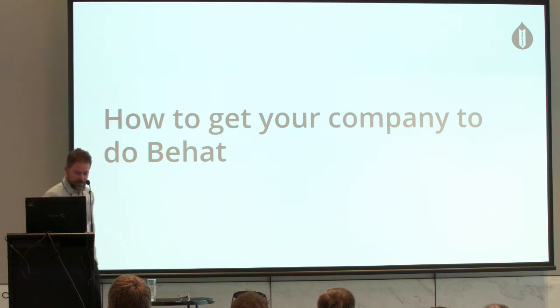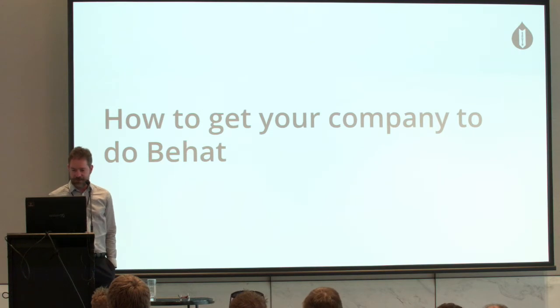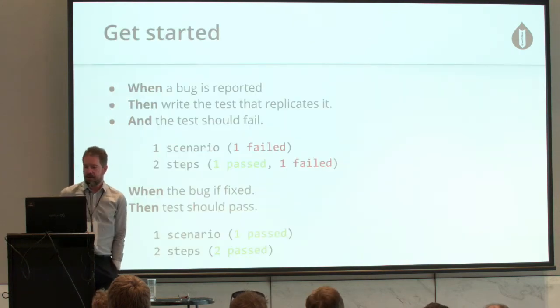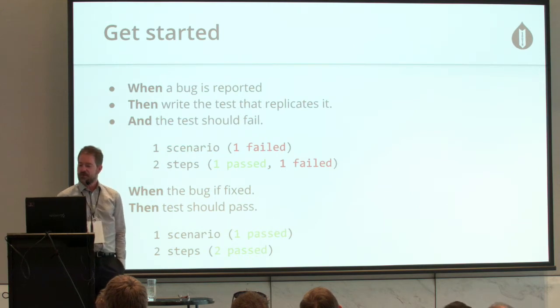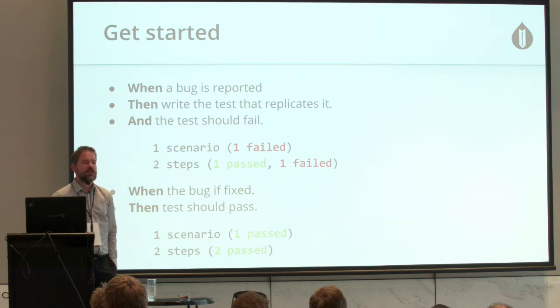So, how do you get your company to do Behat? How to get started with Behat? There's a lot of value you can get out of it. So, how do you do that? An easy way is, you have to start somewhere. When a bug is reported, write a test that replicates it, and the test should fail.